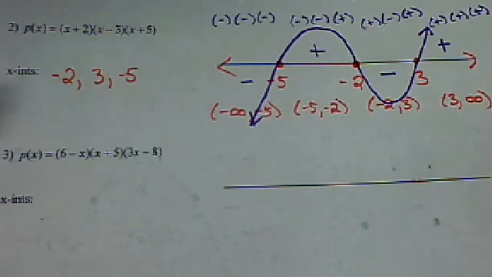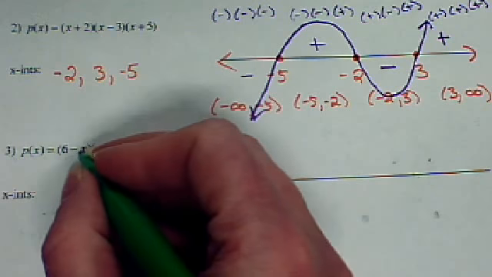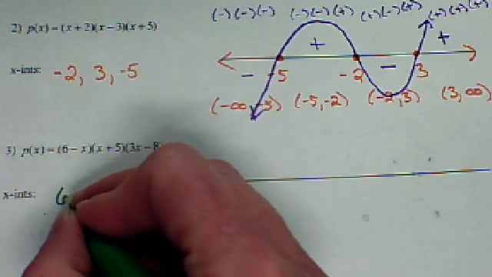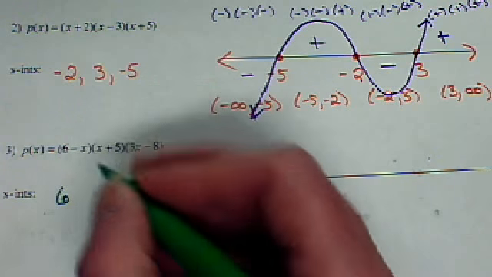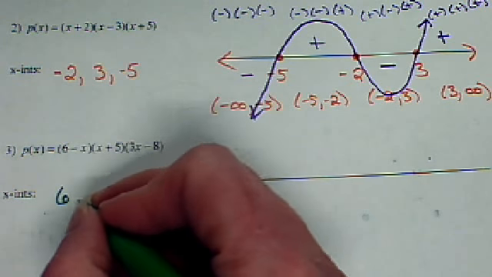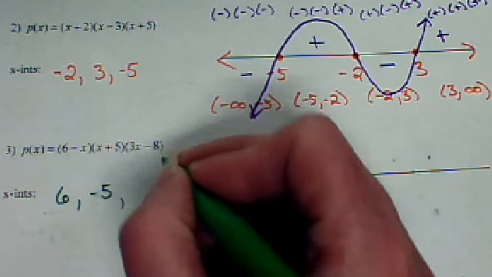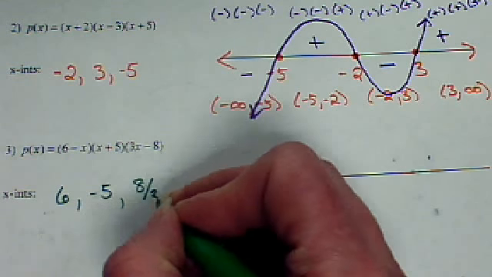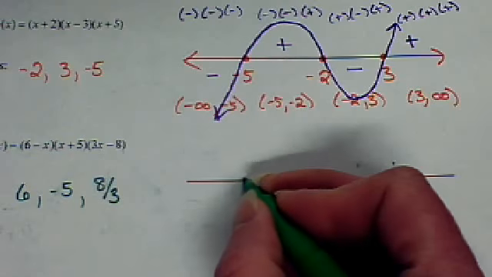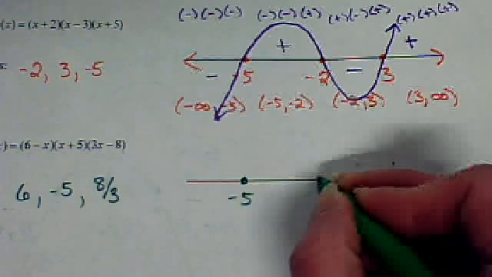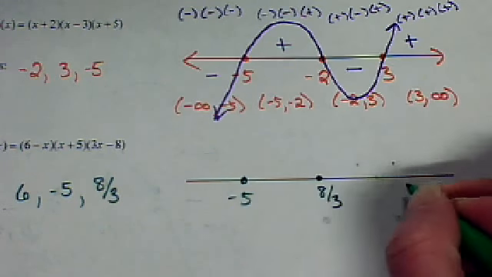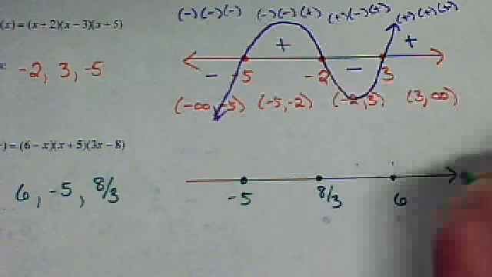6 minus x. The x-intercept for that is actually 6, because 6 minus 6 gives me 0. x plus 5. Negative 5 would give me 0. 3x minus 8. My other one is 8/3. When I plot those points, I get negative 5. Here's 8/3 and 6.